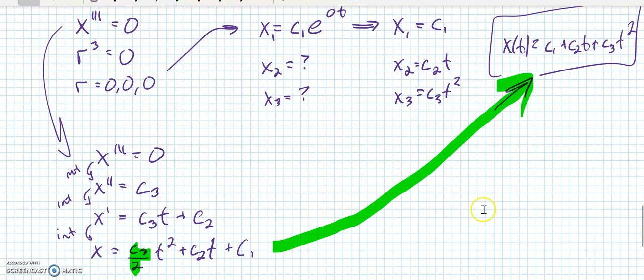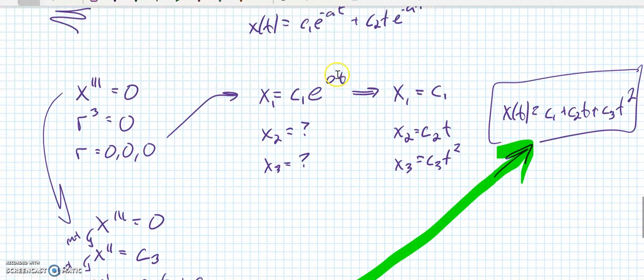I've got over here C3 t squared, that's this thing, plus C2 t, this, plus C1 right there. So I was able to show that my rule for repeated roots matches what we get when we do this integration. And this will work 100% of the time when you have a repeated root.